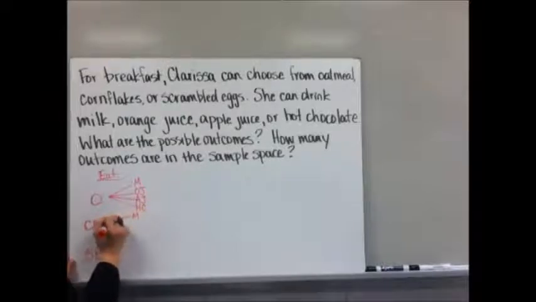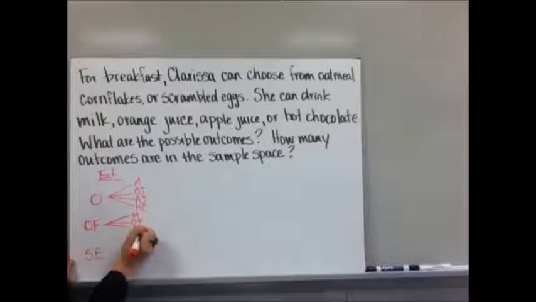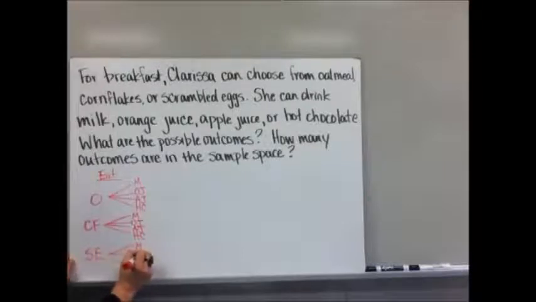With cornflakes, she can do the same thing: milk, orange juice, apple juice, or hot chocolate. And with scrambled eggs, she can pair that with milk, orange juice, apple juice, or hot chocolate.